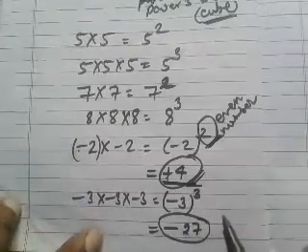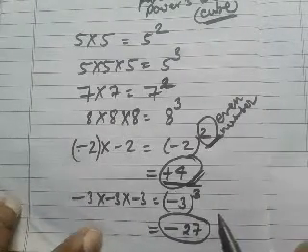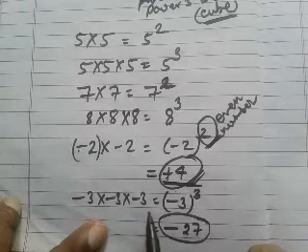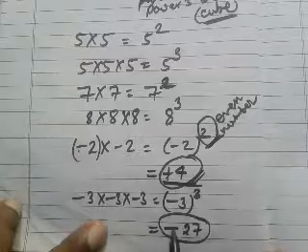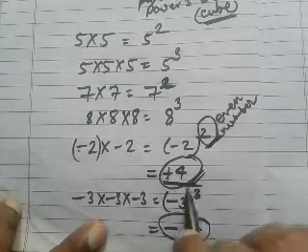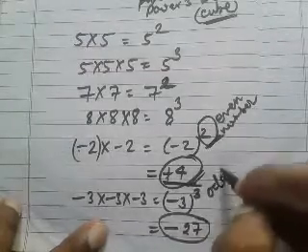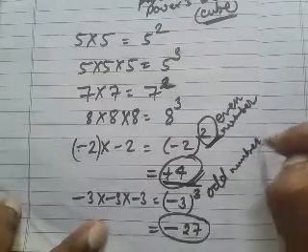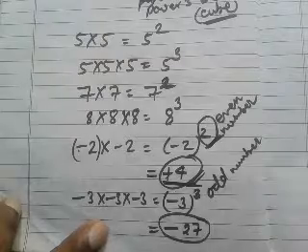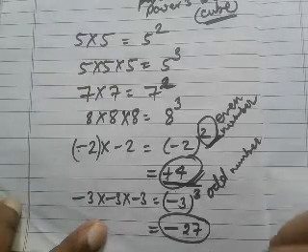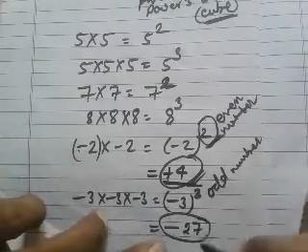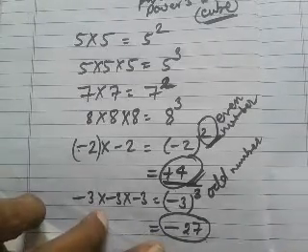In the next example, -3 is a negative number and its power is an odd number, then the answer we obtain is also a negative number.